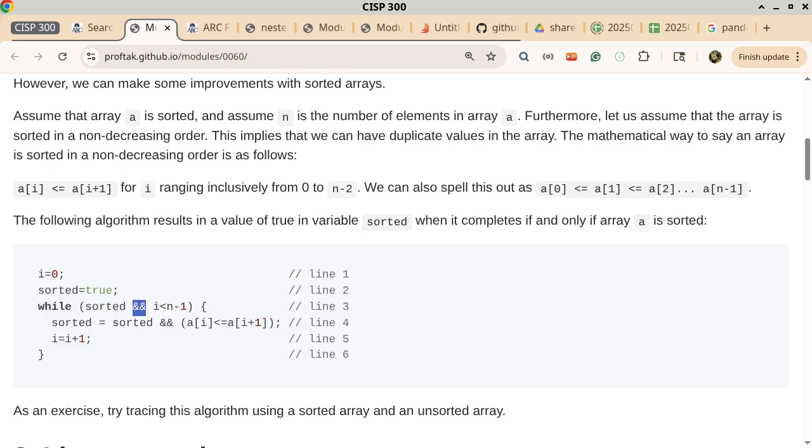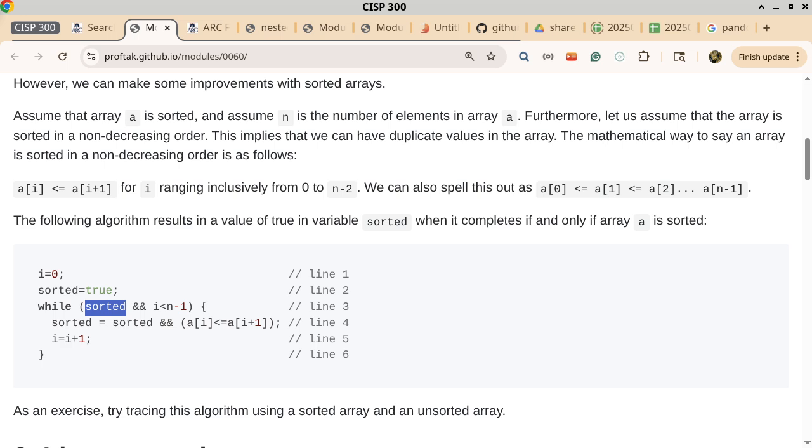So now we think about what it means when sorted is false. You have to think about how sorted can possibly become false. Let's think about that for a moment. It was initialized to true, right? I don't see anything here that explicitly says sorted is now false.